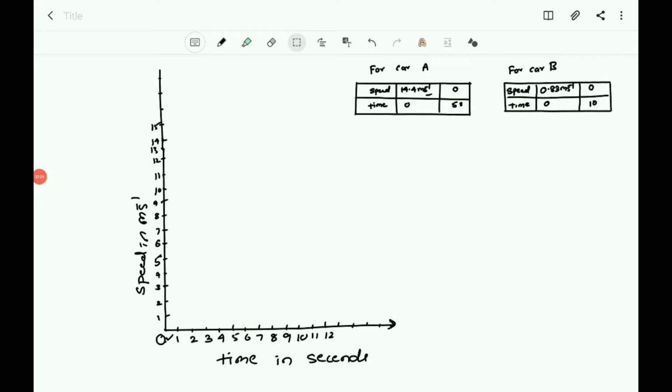First you draw the graph for car A. So when the time is 0, its speed is 14.4 ms to the power of minus 1. So it will be approximately here. You mark here. And after 5 seconds it comes to rest, it comes to 0 speed. So these are the 2 points. Then you can join these 2 points here.